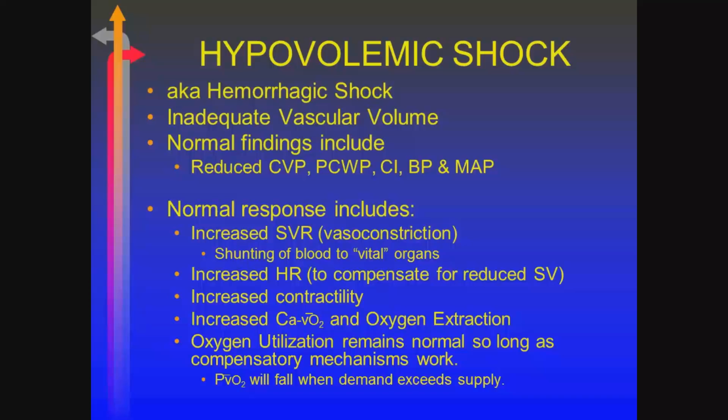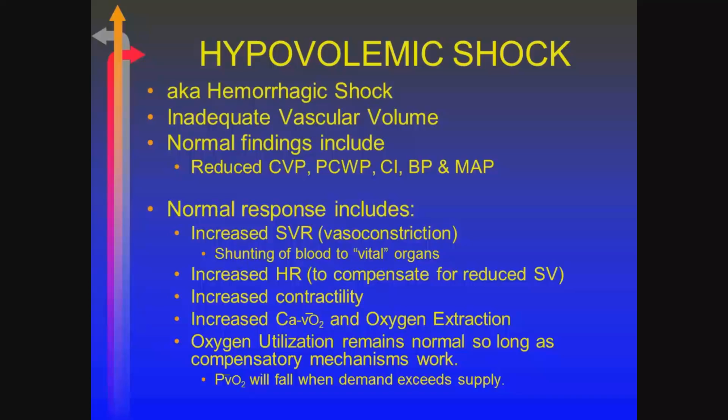So long as the flow is being maintained, oxygen utilization, oxygen consumption remains normal. Once that delivery is no longer being matched by the demand, then you'll end up seeing the PVO2 fall. So initially, it's maintained, but over time, you'll end up seeing the PVO2 get reduced because more is extracted.